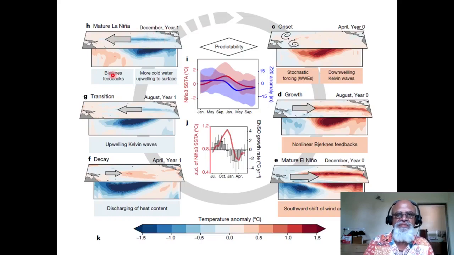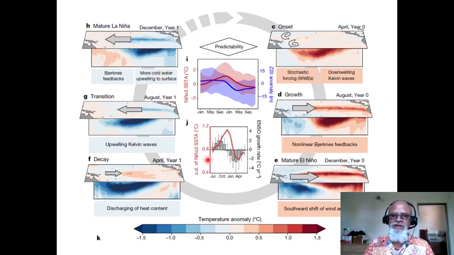So you will have again Bjerknes feedback in the opposite direction. So you have cold SST anomalies, high pressure, low pressure, pressure gradient, stronger wind, stronger upwelling, and stronger thermocline mixed layer interactions and colder SST, so more cold water upwelling to the surface. Does this always happen like this?